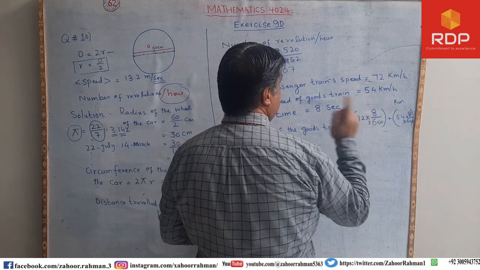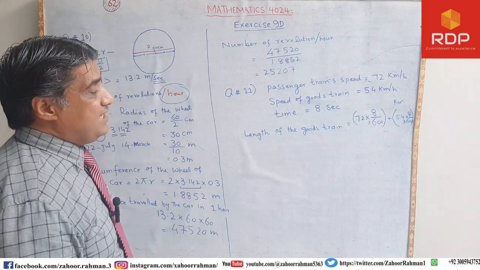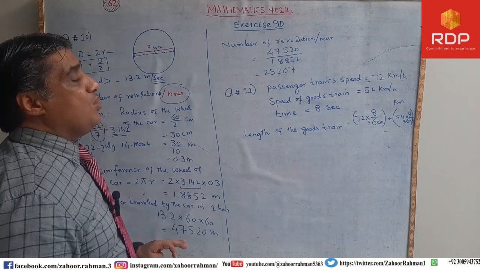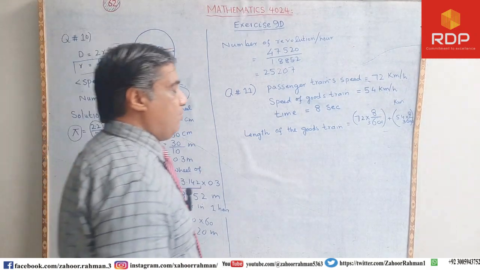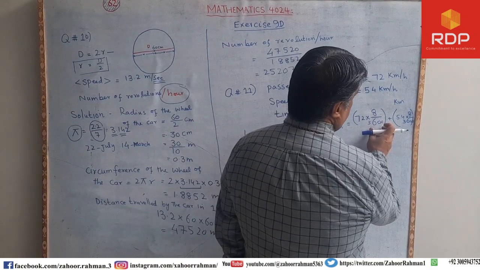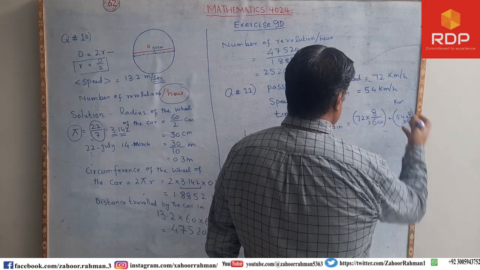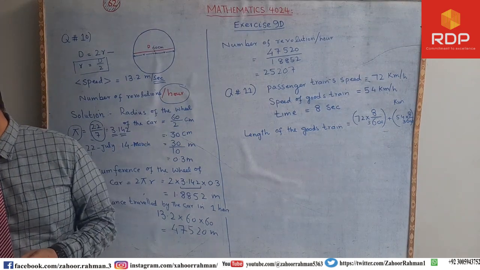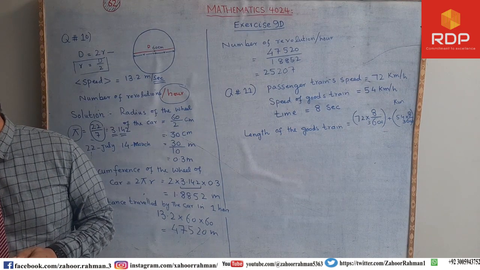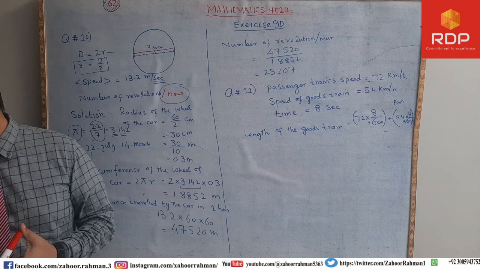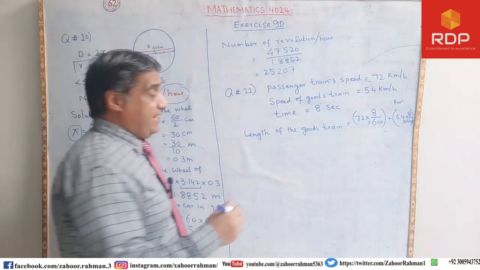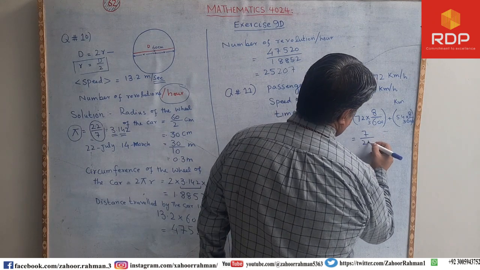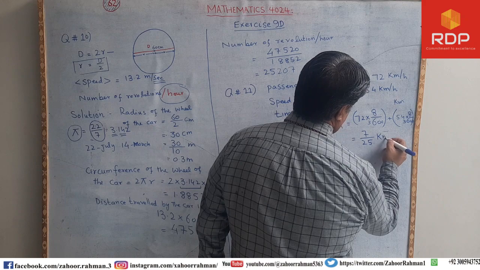So 8 seconds divided by 3,600 will be equal to whatever result we are obtaining in hours. So here it is in kilometer. After the calculation, when the calculator was in action, we got 7 divided by 25 kilometer.